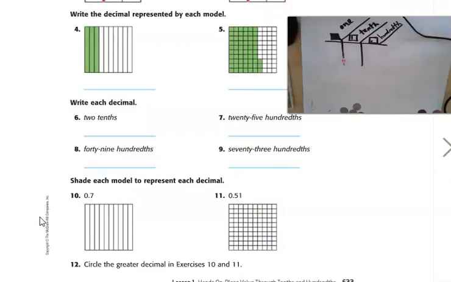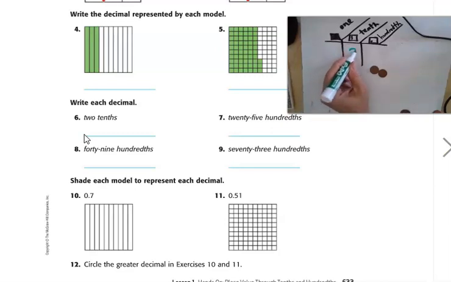Pause and see if you can figure it out on your own, or watch me do one and then pause the video and see if you can figure out the rest on your own without getting all of them from watching the video. So if we have 2/10, is that the same as having 2 dimes or 2 pennies? Hopefully you realize that the tenths is just one space to the right of the decimal.